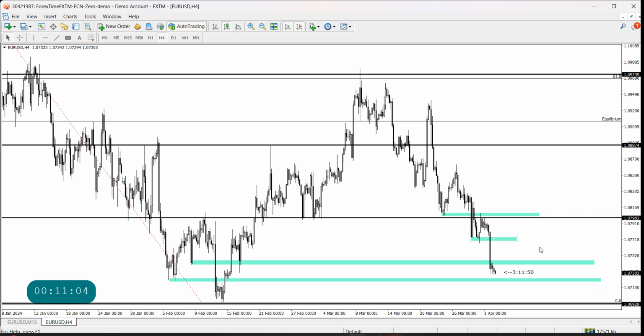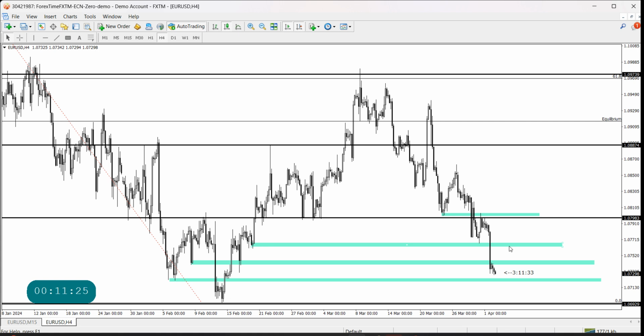Remember, we're looking to take sales from this point down, expecting price to do a turnaround, but I won't bet on that yet. You can see liquidity being grabbed from this point, right?